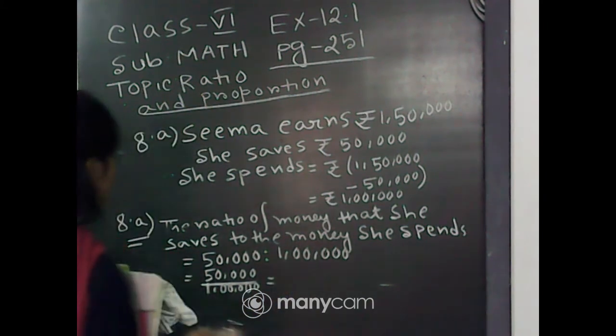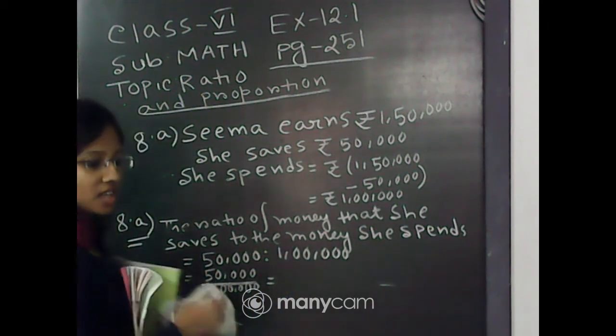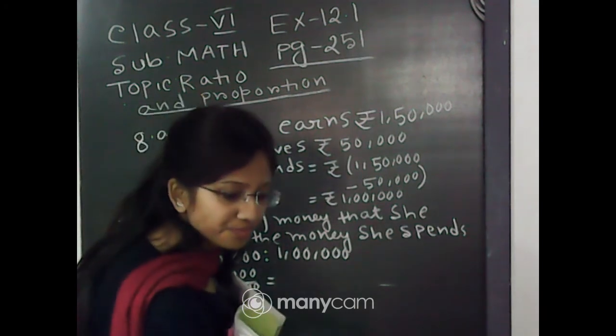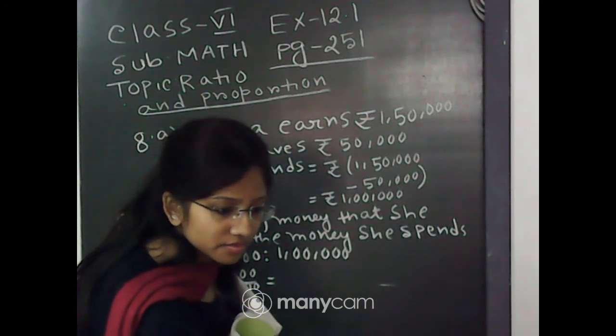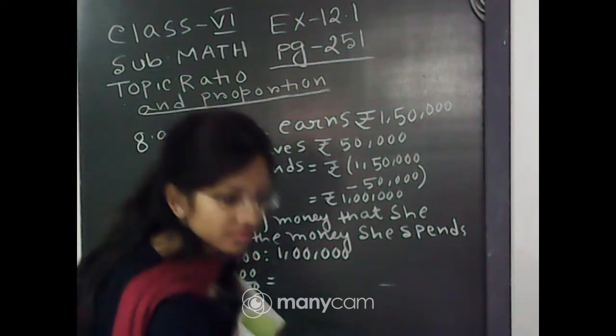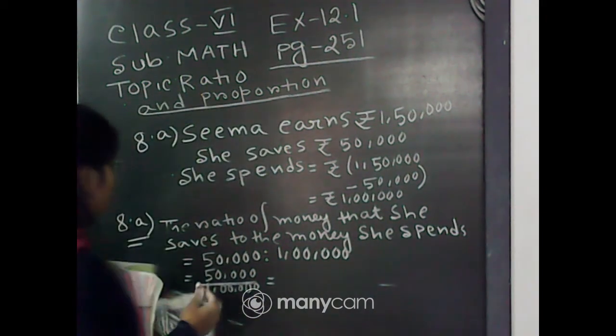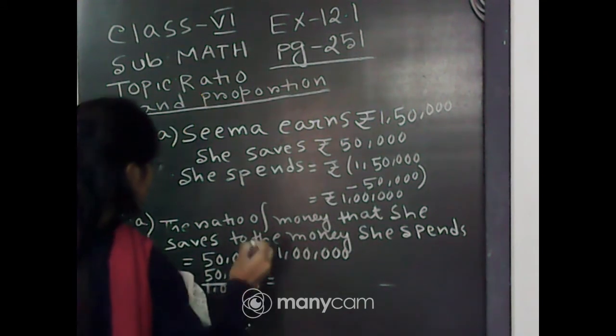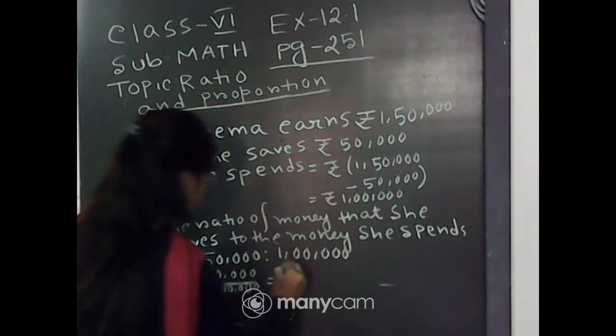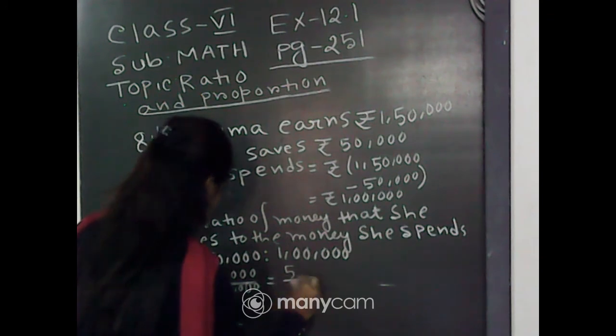Now we divide both the numerator and the denominator by 10,000 and we get this is equal to 5 divided by 10.